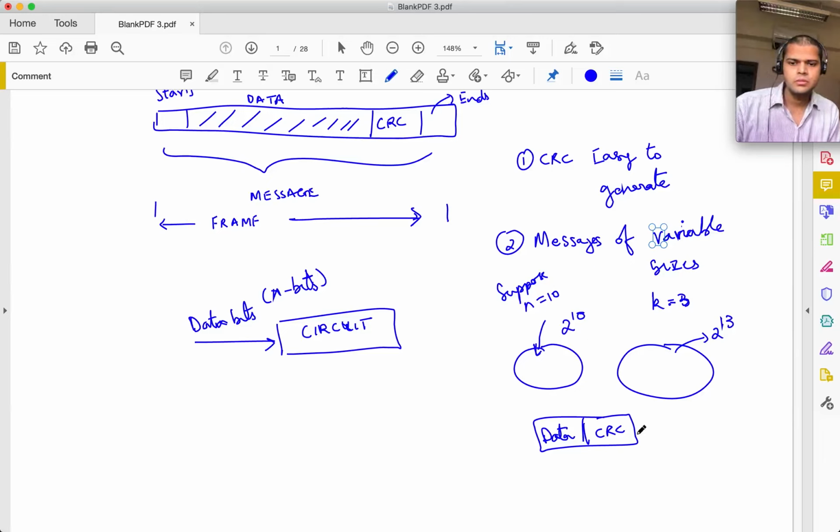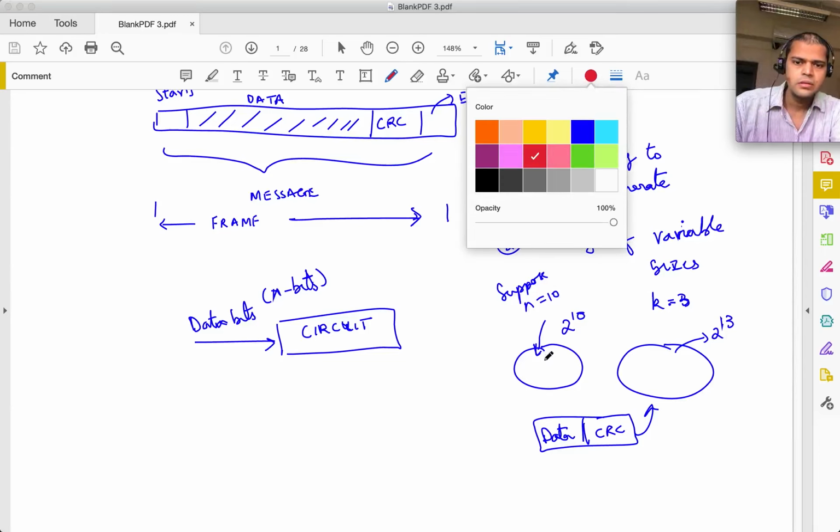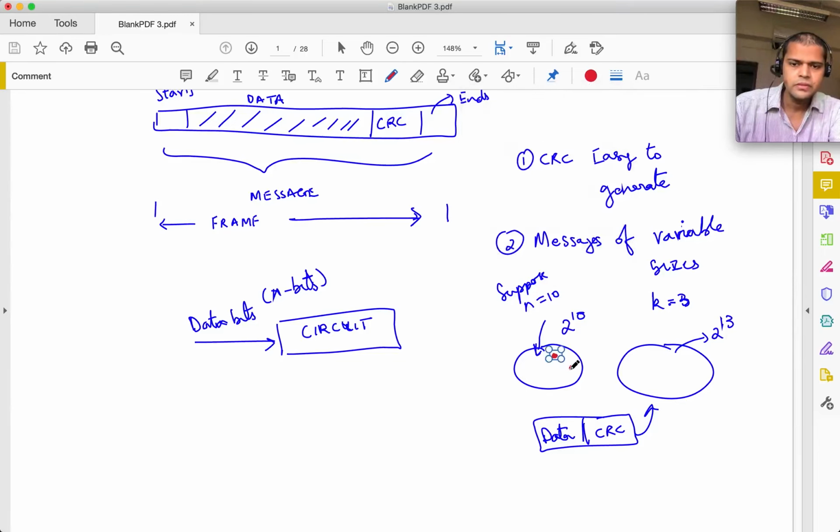Okay, so data plus CRC would be embedded in this space, but not all of these are valid. So we said only few of them are valid. So there is a mapping from each of these elements. So all of these data words are possible, but only few of these are valid.